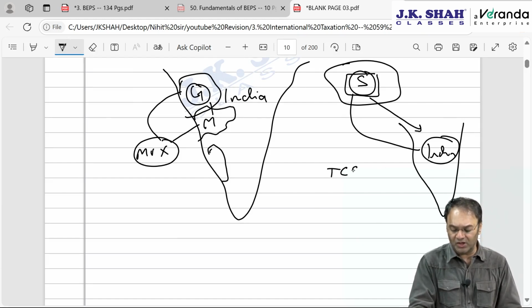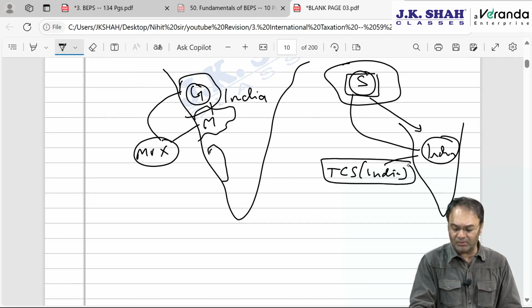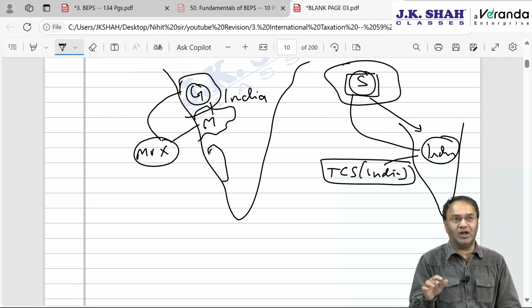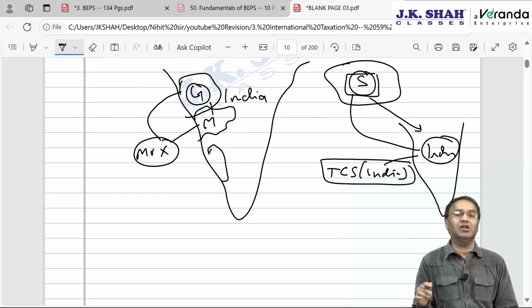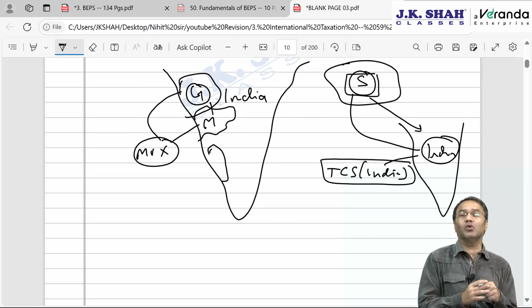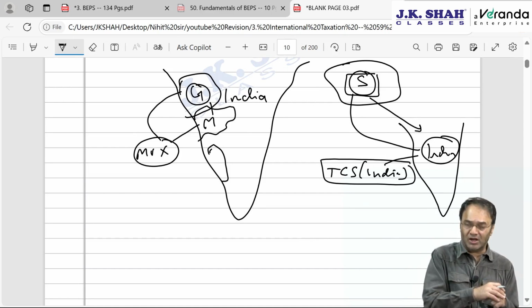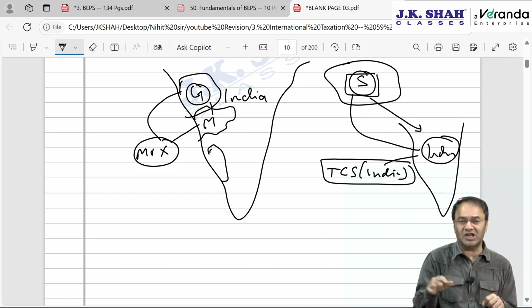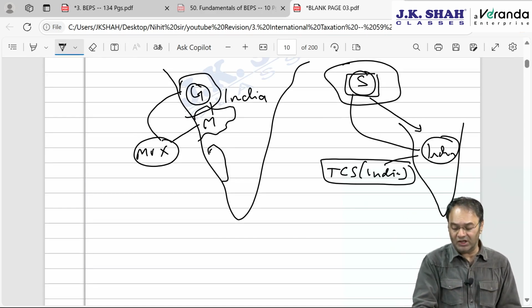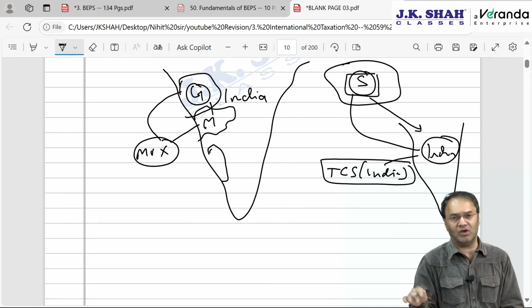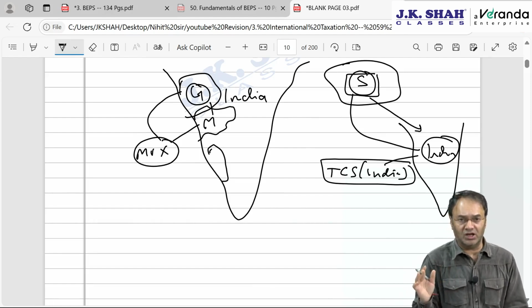TCS India is the parent company. TCS India will submit the CBCR, country by country report, whereby TCS, the parent entity of the whole group, will furnish a report giving details of all its entities worldwide, whether in India or Switzerland, everywhere, country by country. For each country individually, details will be submitted to the Indian government.